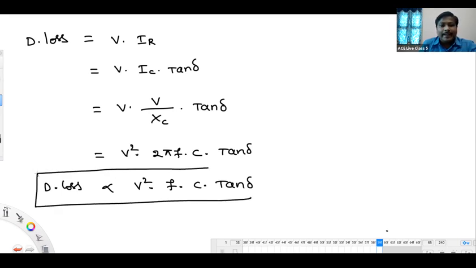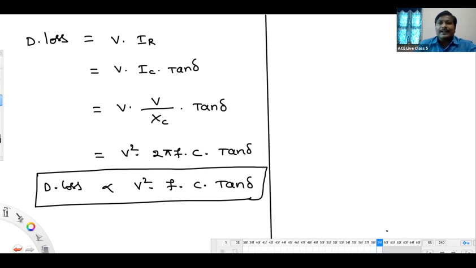But delta is a very low angle, so we can write tan delta approximately equal to delta in radians, as delta is very low.